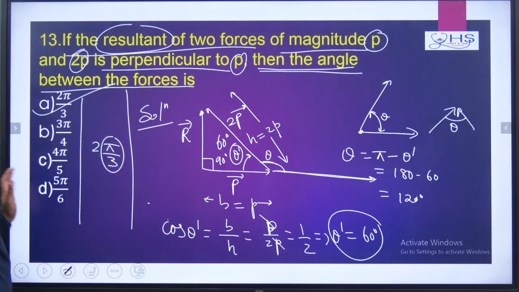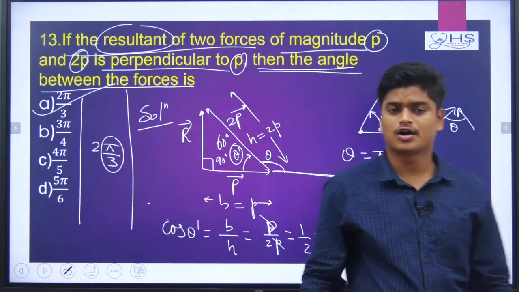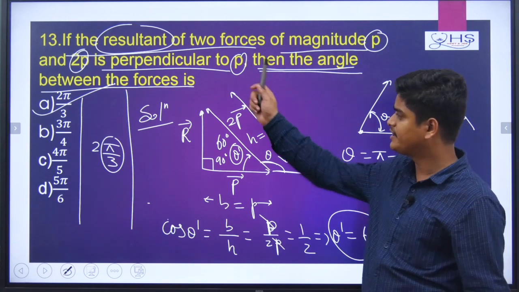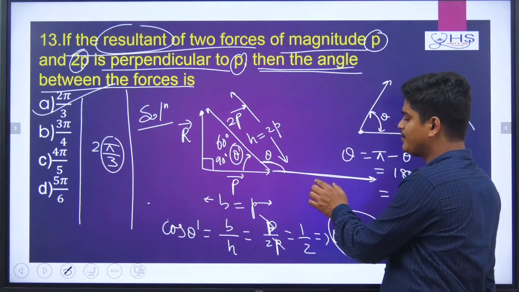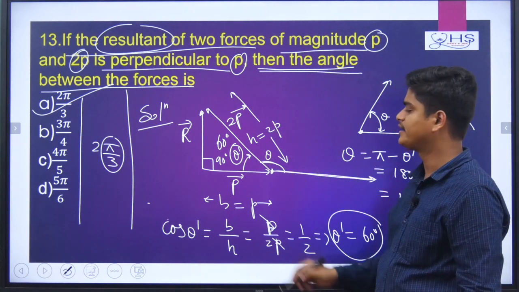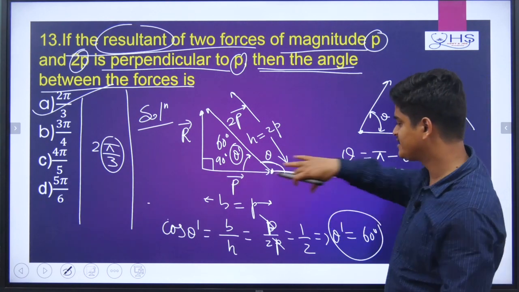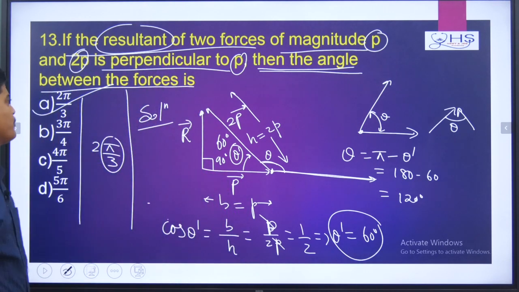Remember, here we find cos theta prime first, then this angle. But we don't require it here. The answer will not be this, the answer will be this angle, because that is the angle between the P vector and 2P.